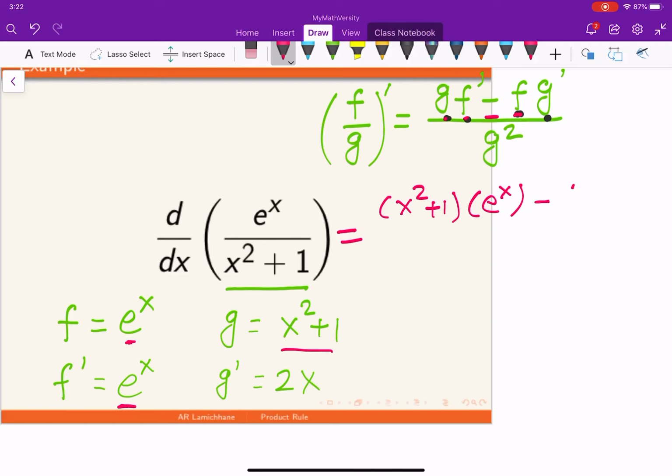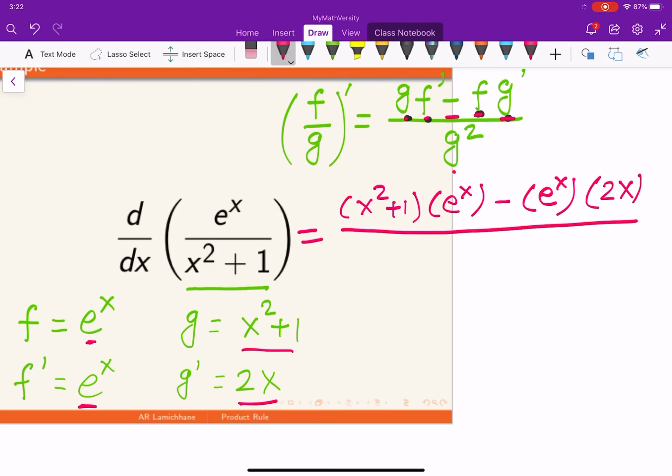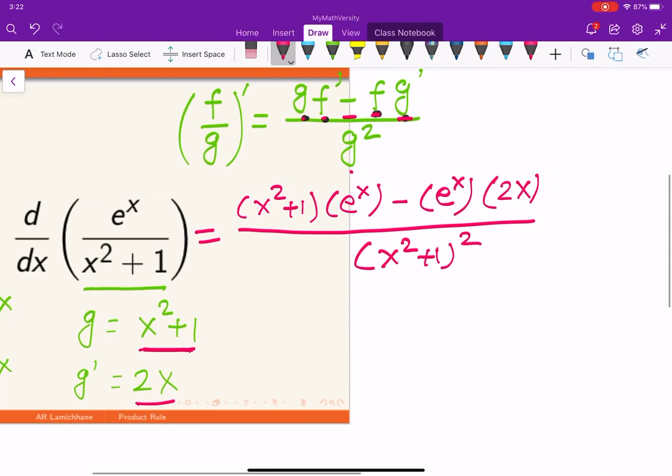So we can write down e to the power x, and then times g prime, which is given over here as 2x. We can also write that down, and everything underneath, we need to write down the square of g, which is x squared plus 1, and then we just need to take the square of that. So this is the quotient rule, and then we apply that to find the derivative of the given function.